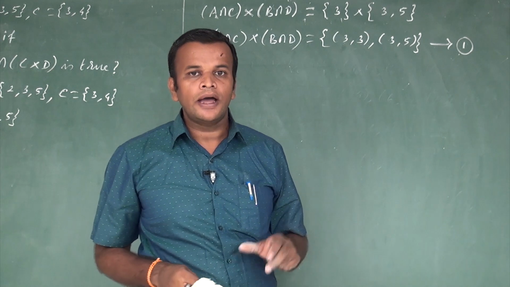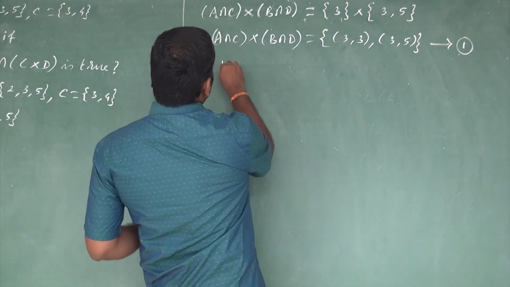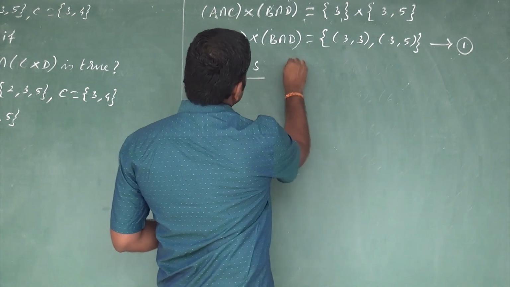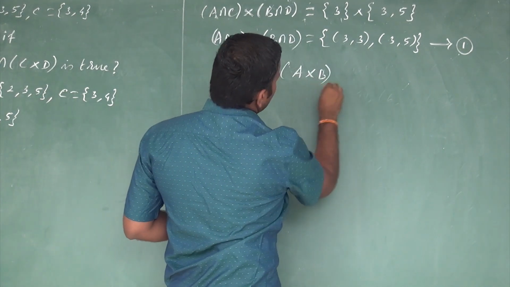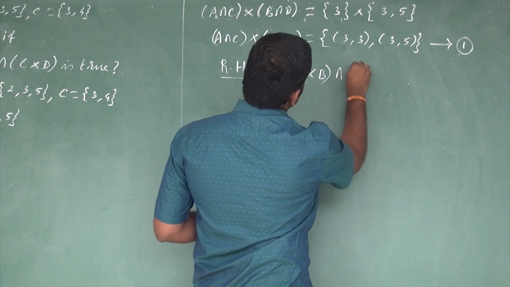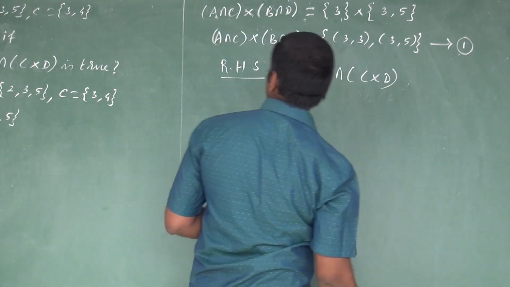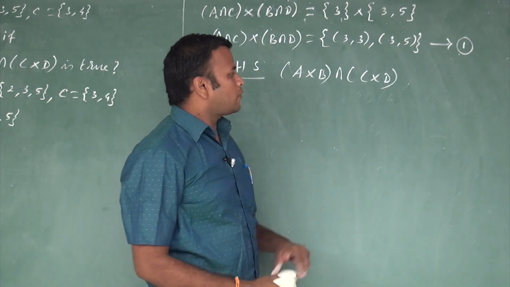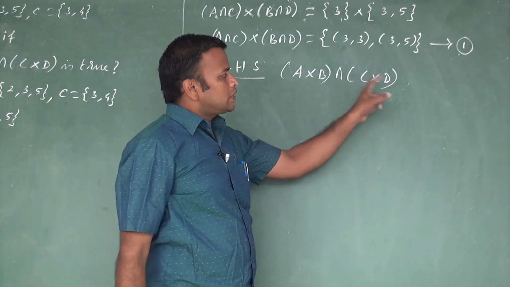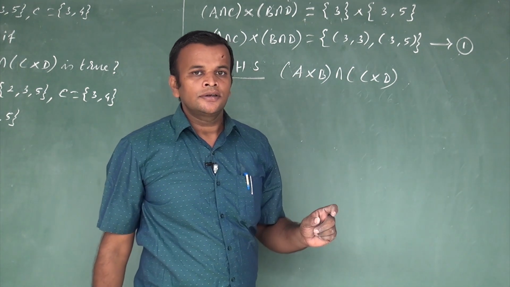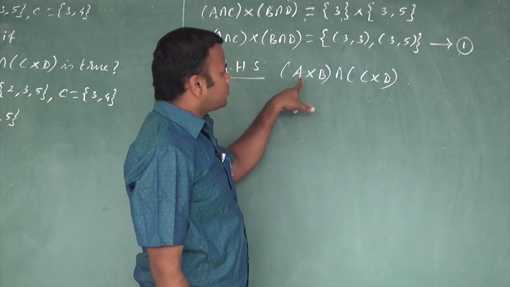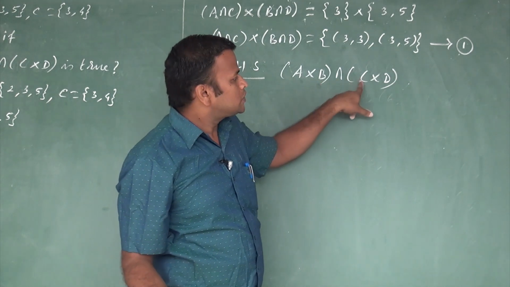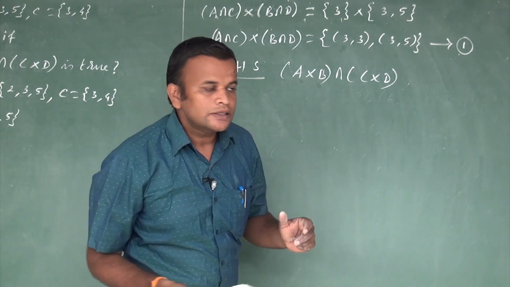Okay, now we find the value of RHS, the right hand side. What is the value of RHS? The RHS is A cross B intersection C cross D. If we find A cross B intersection C cross D, first we find the Cartesian product of A and B. Next we find the Cartesian product of C and D. What is the reason to find these two?